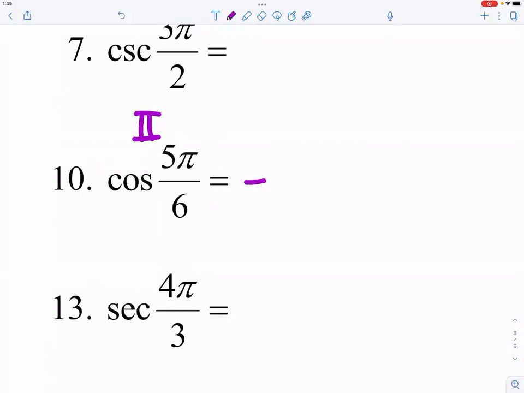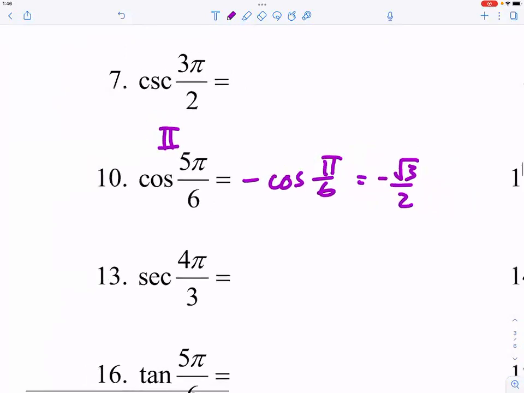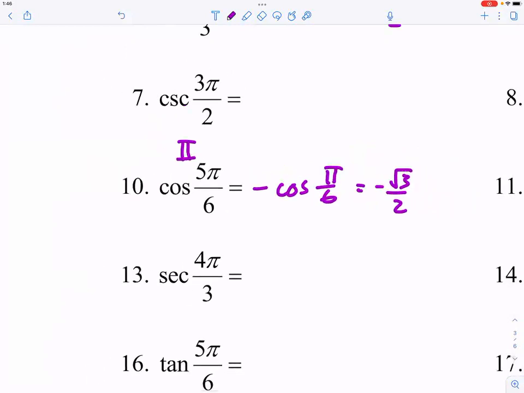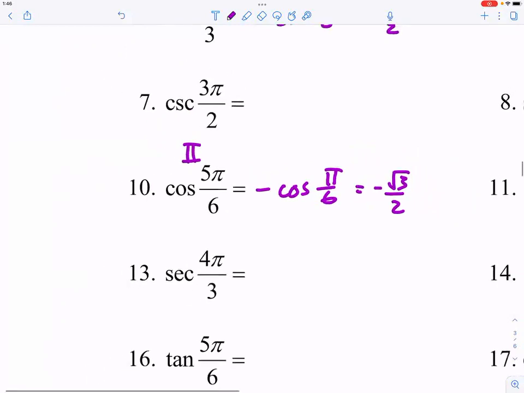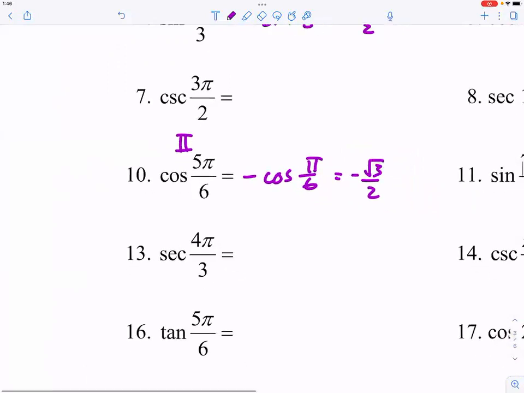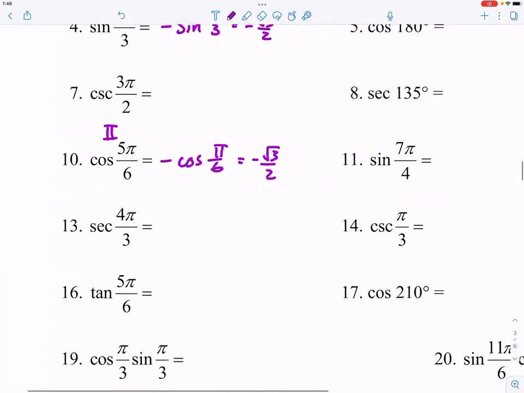So this would be the same thing as negative cosine of π/6, which is negative √3/2. So if you have the table in your mind, that will allow you to refer to the values in a much simpler way. That's what I've been using for decades, and that works very well.